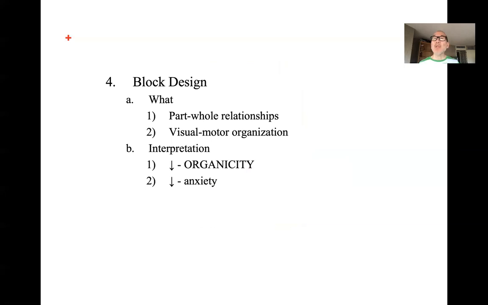It also relates to visual motor organization. And motor, because when you're putting these together, you're putting them together with your hands. So are you able to take that information, think about solving the problem, then use your hands to move the pieces accordingly.